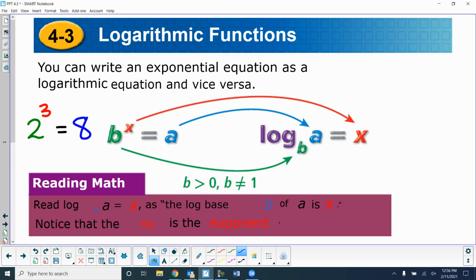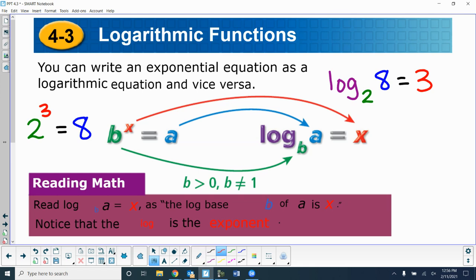You need to be able to rewrite it as log base 2 of the number, which was 8, equals the exponent, which was 3. Okay? So that's what you really need to learn today.